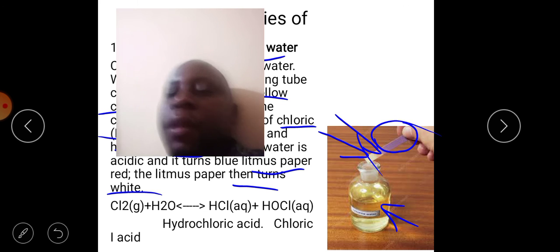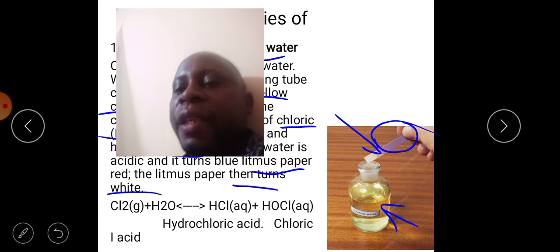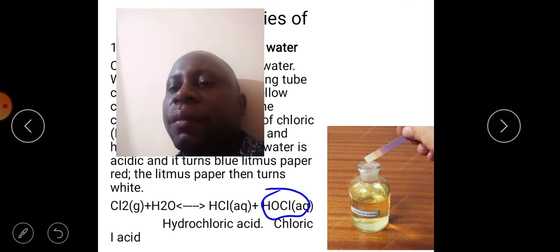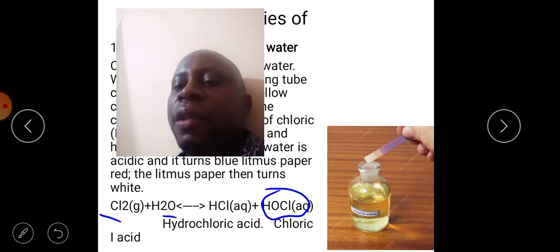Okay, so I hope you have answered that particular question. So the bleaching action is due to this particular substance here in chlorine water. What is the name of that substance? That is our chloric 1 acid. So I said that when chlorine is dissolved in water, it forms hydrochloric acid and chloric 1 acid.